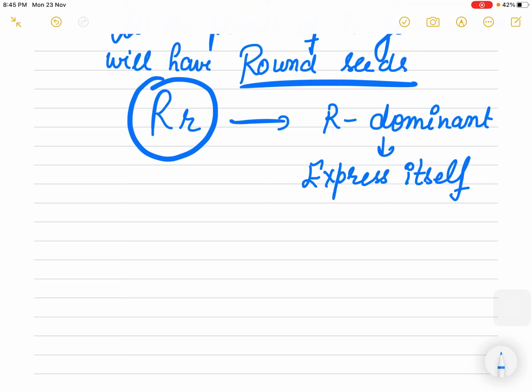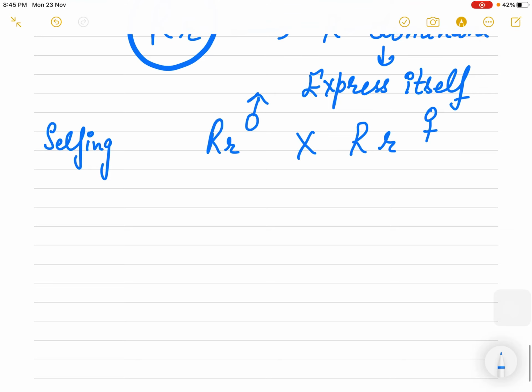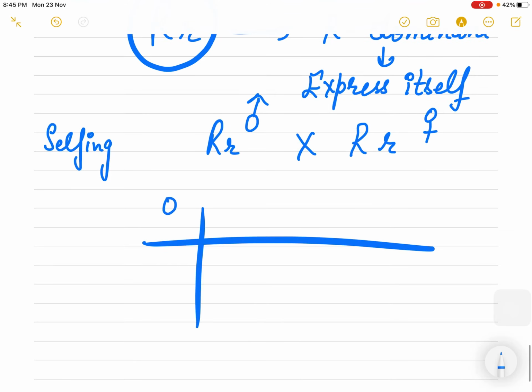Now the second thing you have to do is selfing, Rr into Rr, right? Suppose this is male, this is female. Now what will be the result? As you can see, this is male, this side we will write female. Gametes, first let's make the gametes.